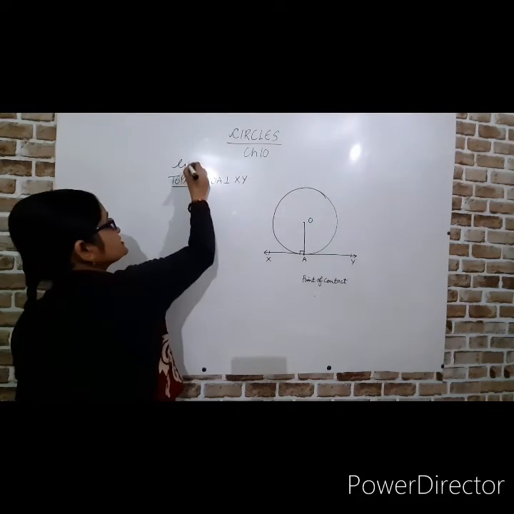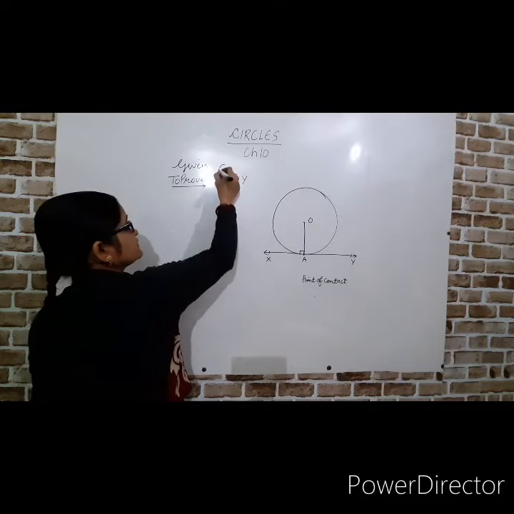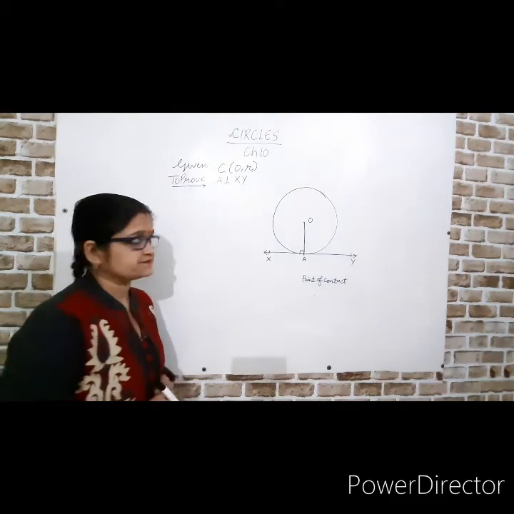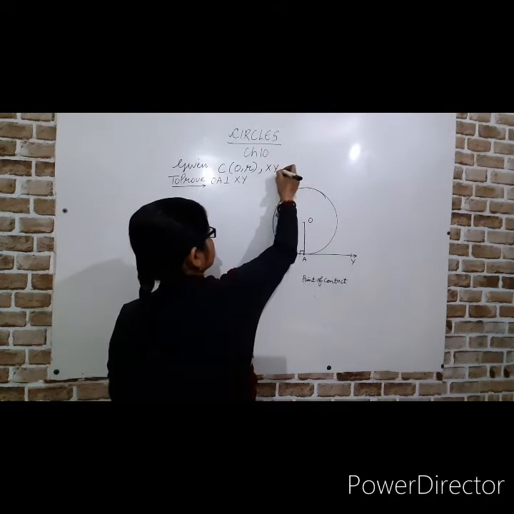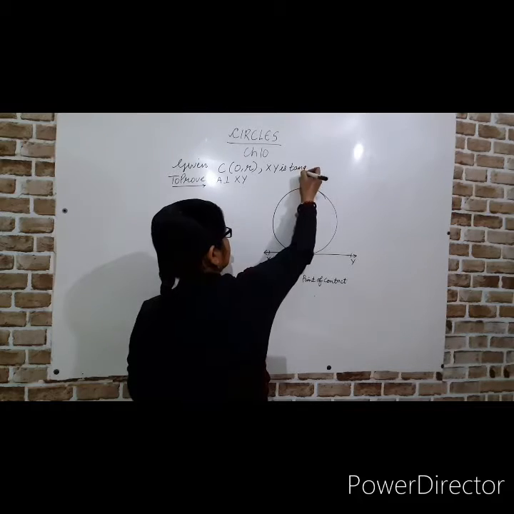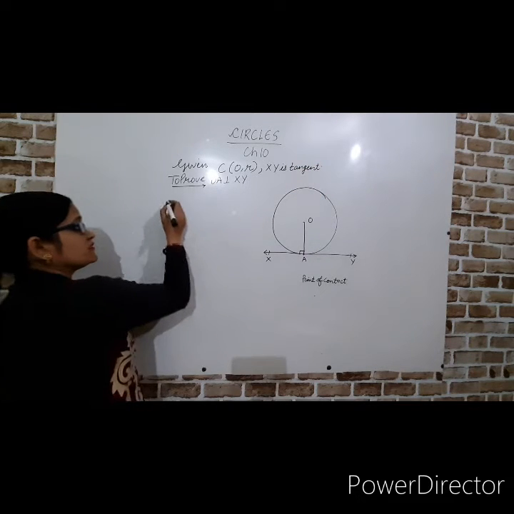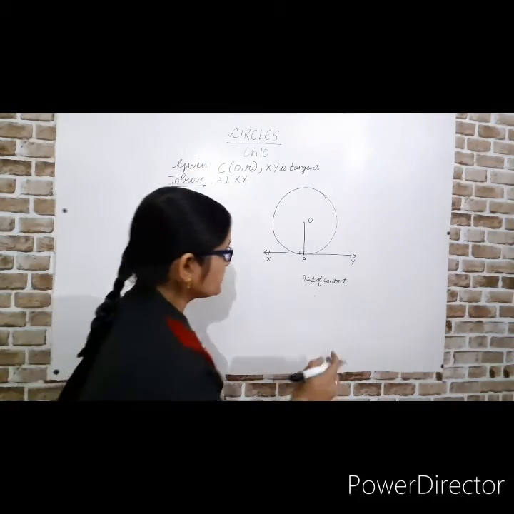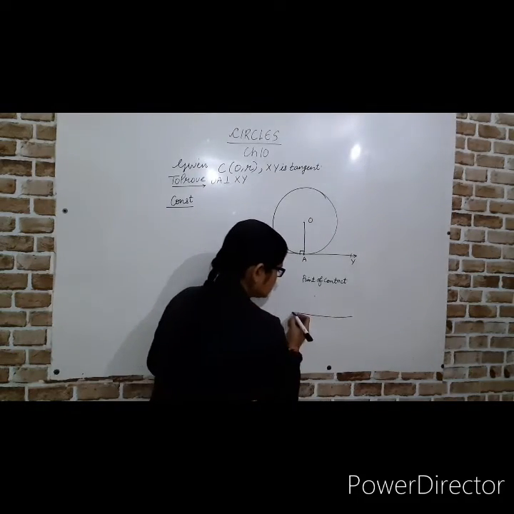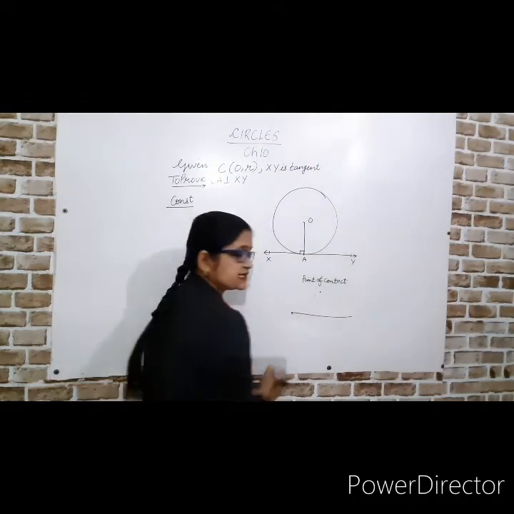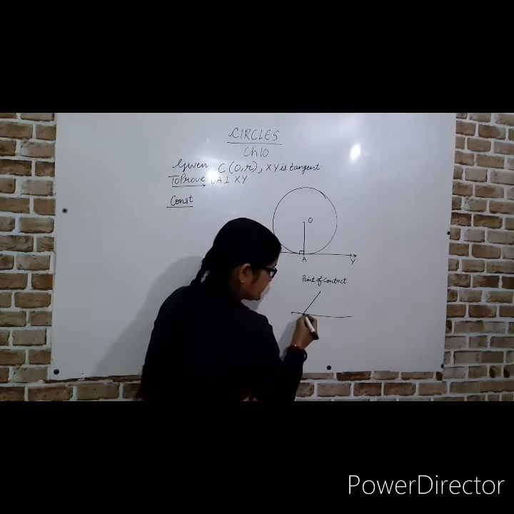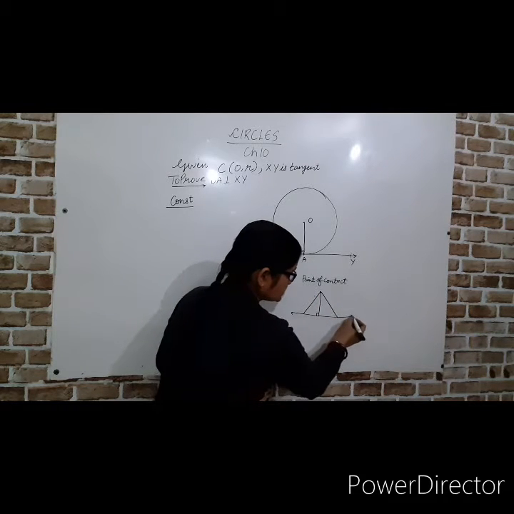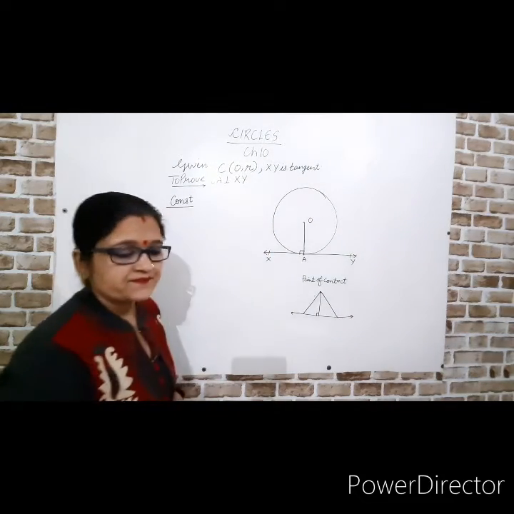What is given to us? Given one circle whose center is O and radius is R, and XY is a tangent. For this I am doing just one construction. You already know that from one point, many, rather infinite, lines can be drawn on a given line.